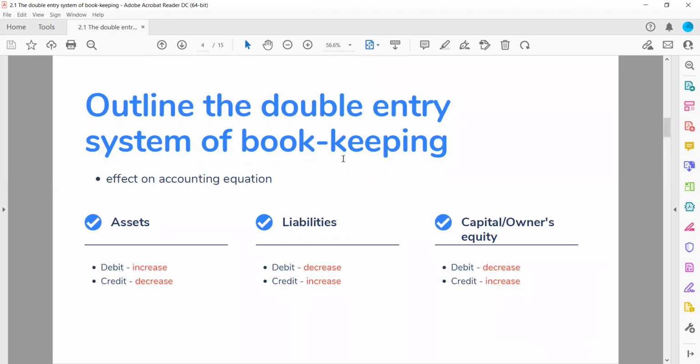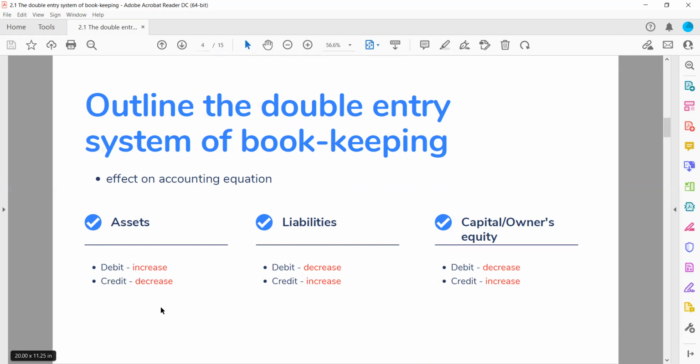What is the double entry system? First, we need to know the effect when we use the accounting equation, which we learned in section 1. The accounting equation says asset equals capital plus liability. Using the double entry concept, when an asset is debited, it increases the asset value.